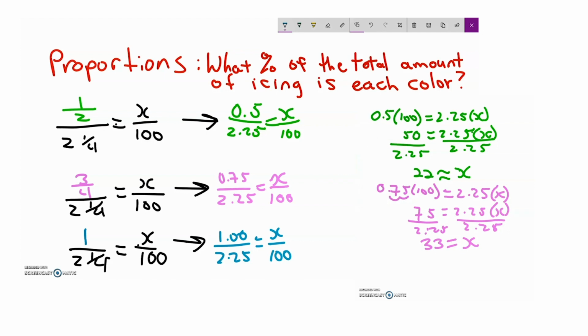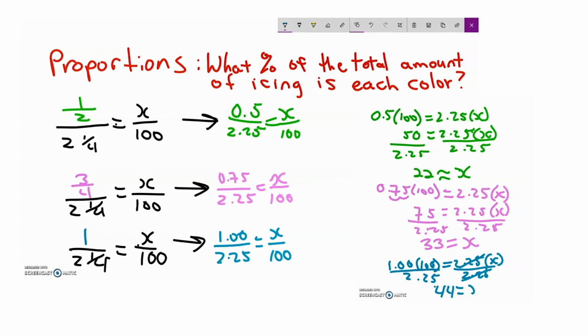And with the blue, we have the same sort of setup, 1.00 times 100 equals 2.25 times x. Once again, solving for x by dividing both sides by 2.25. I'm just going to cancel out the 2.25 so you can see what we're doing. 100 divided by 2.25 is going to give me 44.